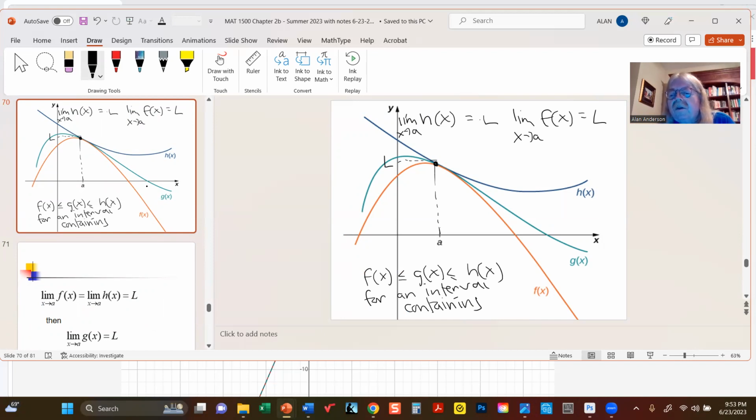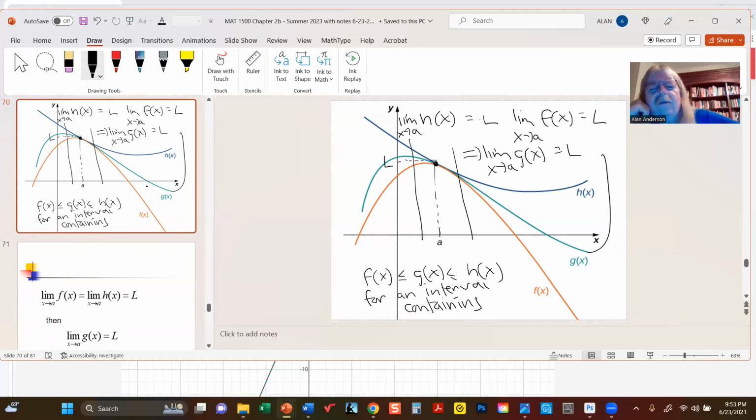We don't know for sure that g of x, for example, doesn't just suddenly go up like that. And that's okay, because within some range here, you can see that the behavior we need is correct. g of x is always in between the other two. And what that implies is that we don't even have to calculate the limit of g of x. It's going to be the same.